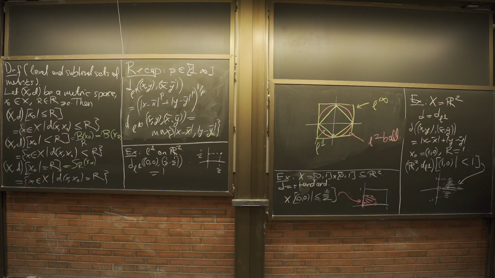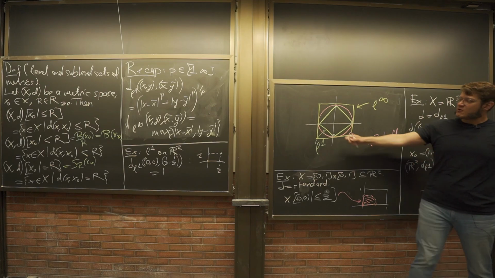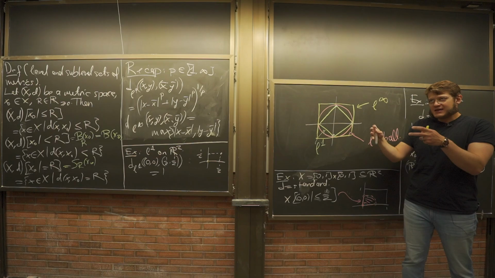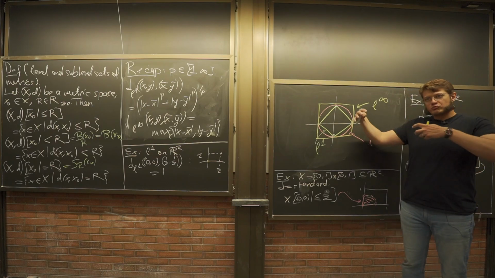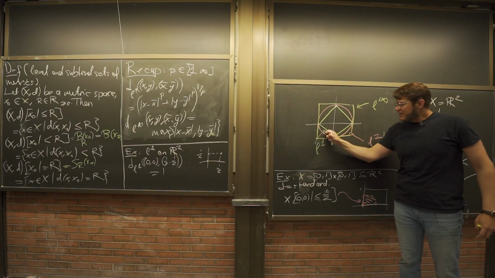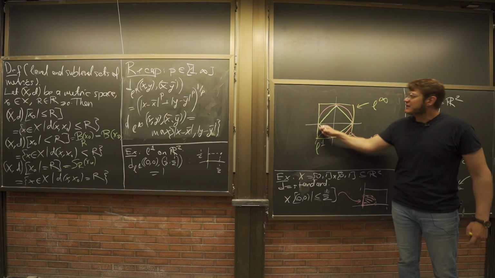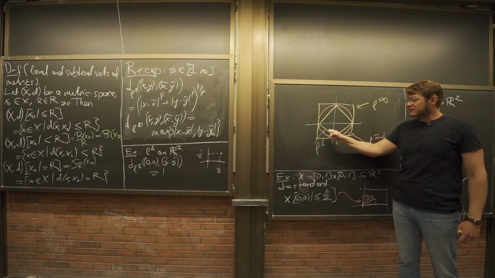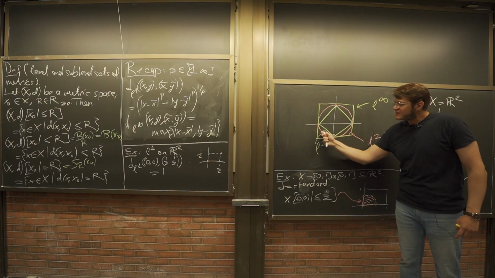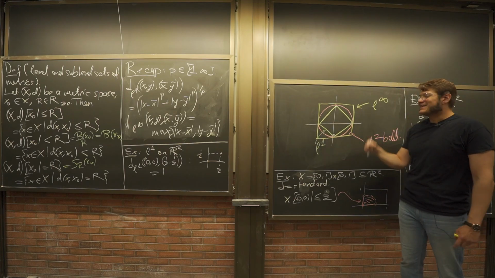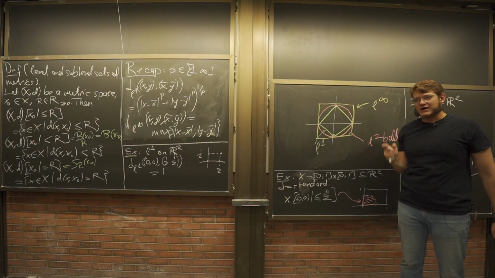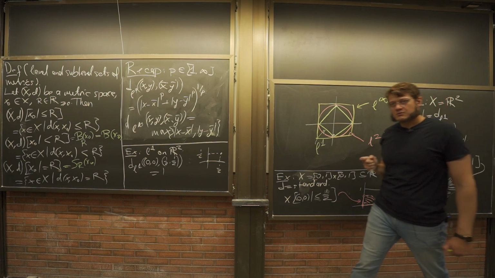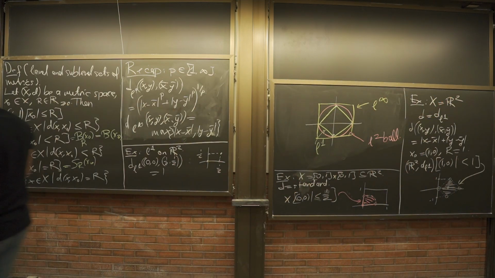As you raise p from 1 to infinity, you start with this diamond, and as you raise p, it gets more and more bulbous. As p becomes equal to 2, it becomes this exact circle. If you keep increasing p, it gets closer and closer to this square, and in the limit, it becomes an actual square. Okay? This is the idea.